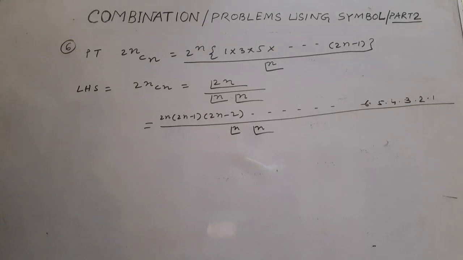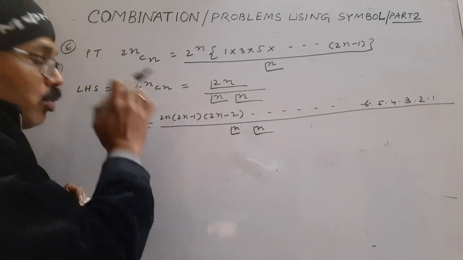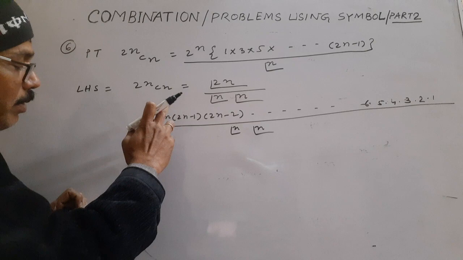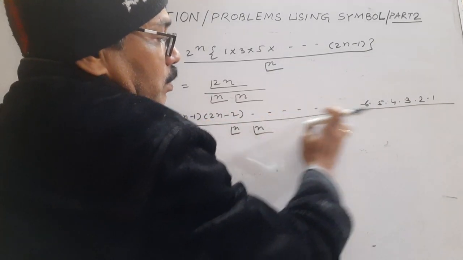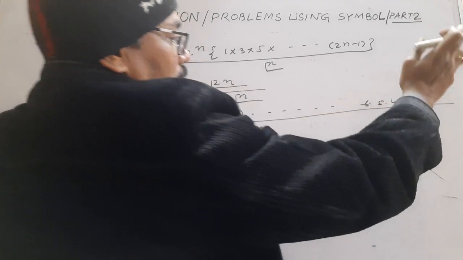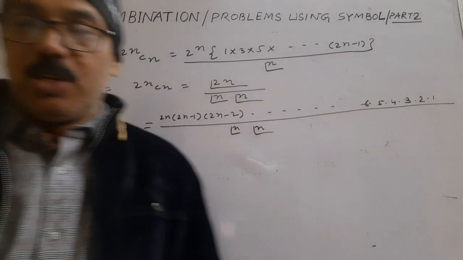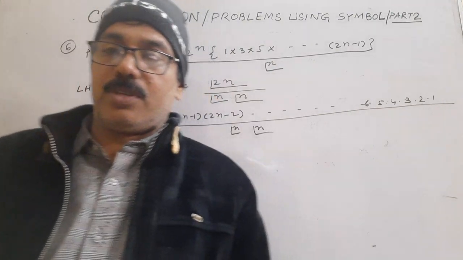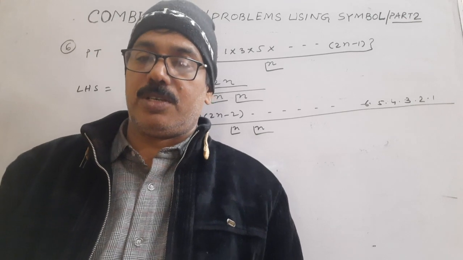Now look, in the numerator there are 2n terms, and if you notice, half of them are even and half of them are odd. 2n is even, 2n minus 2 is even, then 2n minus 4, down to 6, 4, 2. So out of 2n terms, half are even and half are odd.